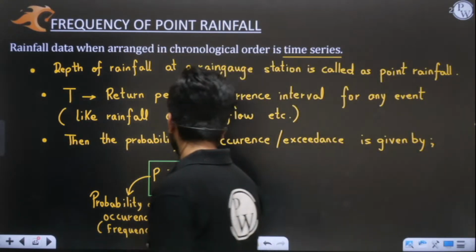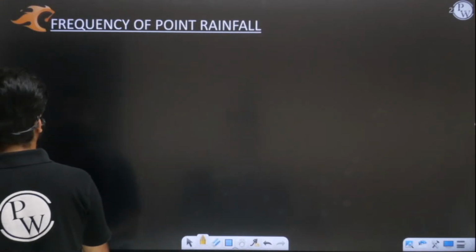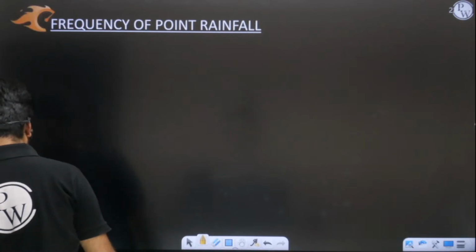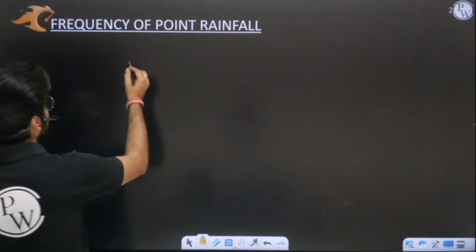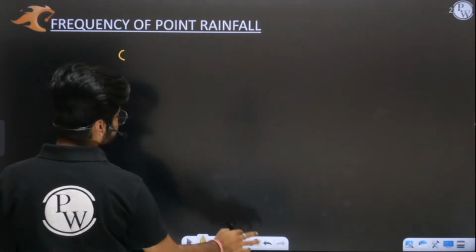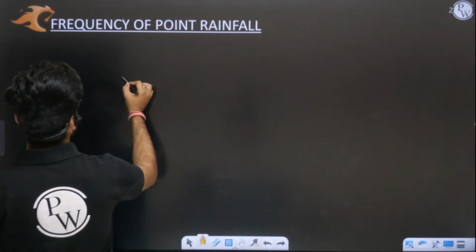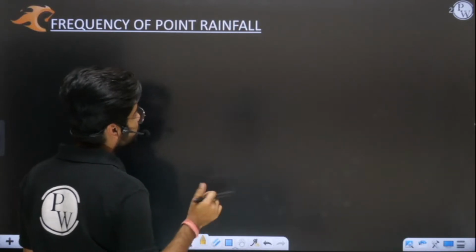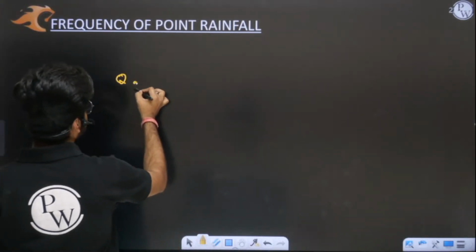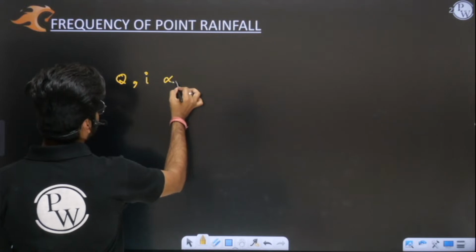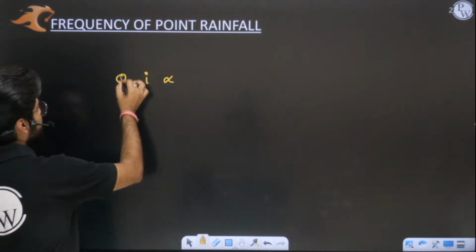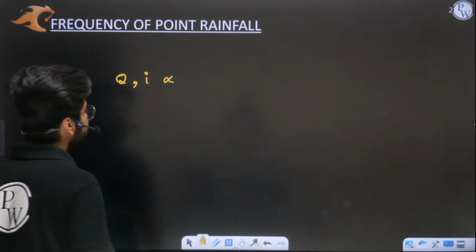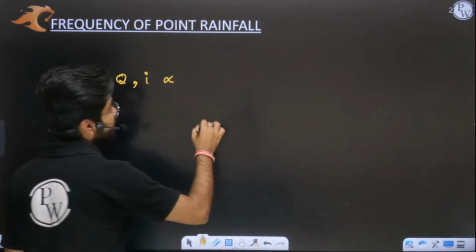One concept is also clear to us in this frequency of point rainfall topic. I'm writing 2 points here: if we are interested in the relationship between discharge, or intensity of rainfall, with respect to return period, then obviously the higher the magnitude of discharge and the higher the intensity of rainfall, the higher the return period.